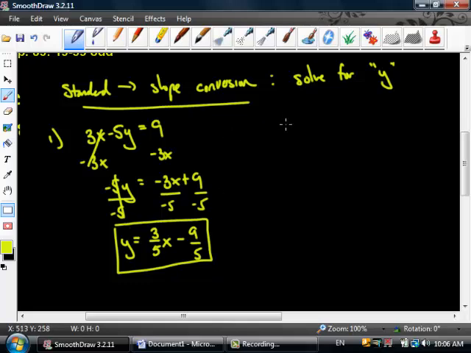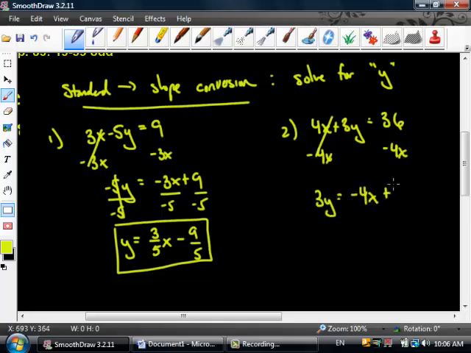Good. All right, let's do another one here. If I have 4x plus 3y equals 36, I'm going to, again, subtract 4x from both sides. Remember, we're trying to get our y term by itself. So I've got 3y equals negative 4x plus 36. Cameron, how you doing? Good.